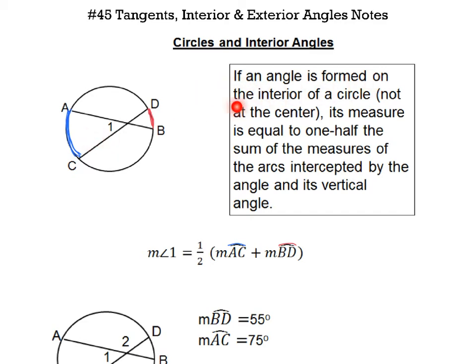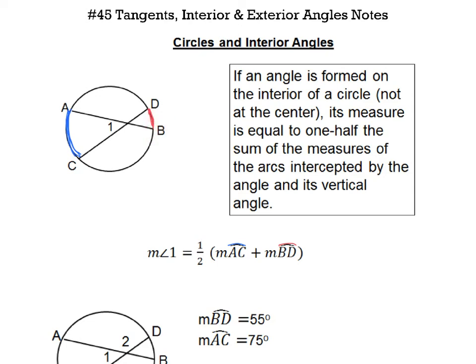So if an angle is formed on the interior of a circle, so not at the center, its measure is equal to 1/2 of the sum of the measures of the arcs intercepted by the angle and its vertical angle. Okay, so in other words, to find angle 1, it's 1/2 of the measurement of arc AC plus the measurement of arc BD.